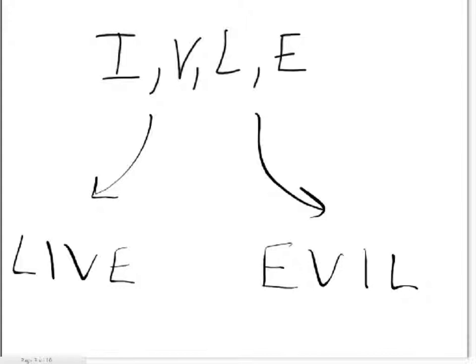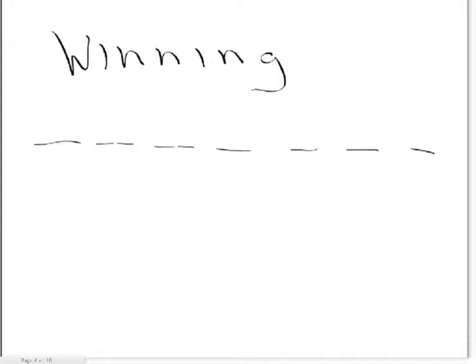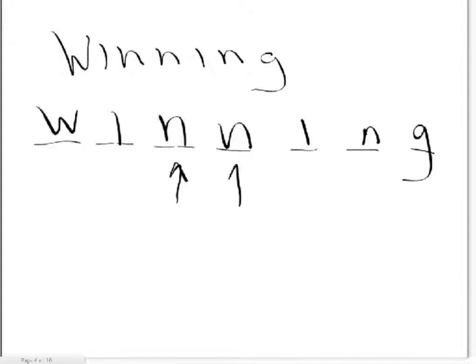So now I'm going to go to indistinguishable objects. That is when an object has indistinguishable elements in a counting problem. So here we have winning, and winning has 3 N's and 2 I's, and you can move these N's into any other place and it will still be the same word.